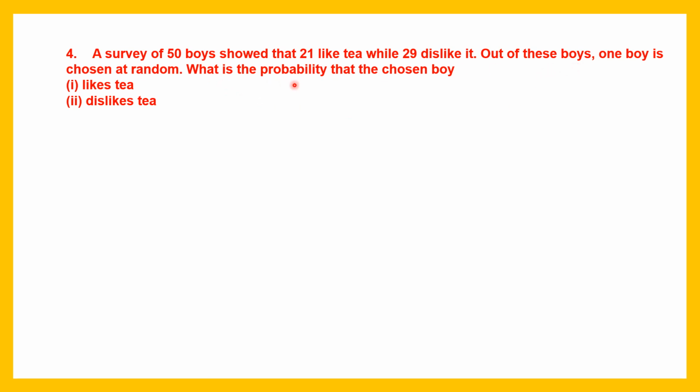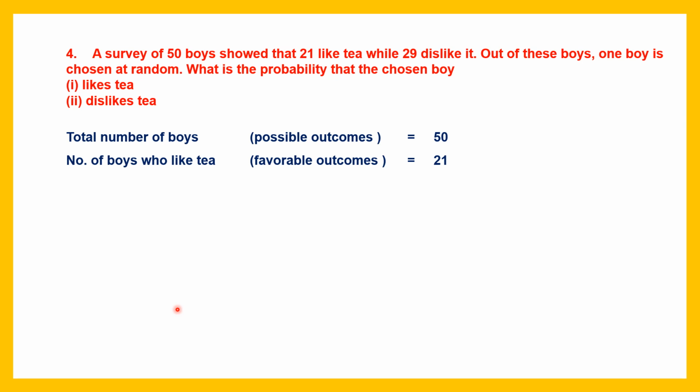Now, what is the probability that this boy that we have chosen is one who likes tea or one who dislikes tea? So we are going to find out about this chosen boy. We'd like to find out the probability of the chosen boy liking tea. So we write down what is given to us: the total number of boys, that is 50, number of boys who like tea, 21, who dislike tea, 29.